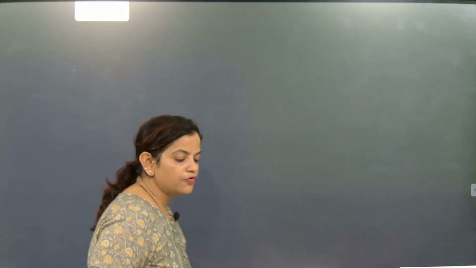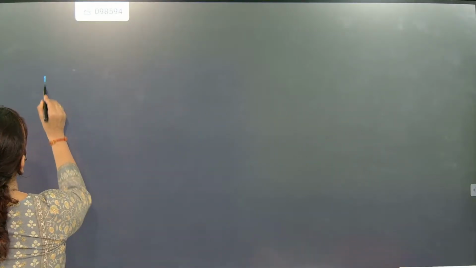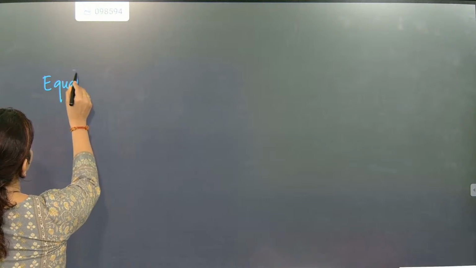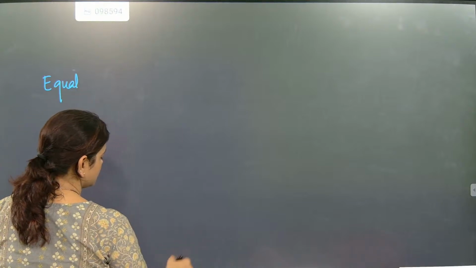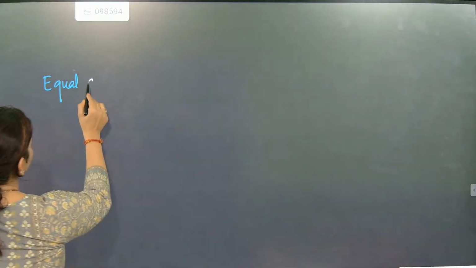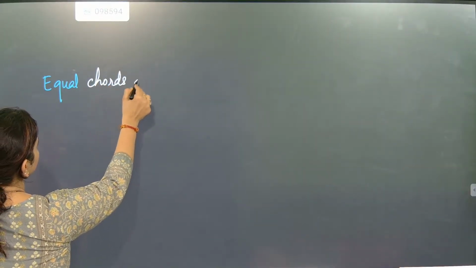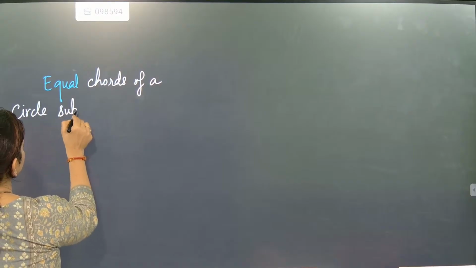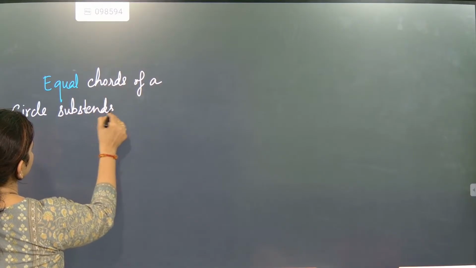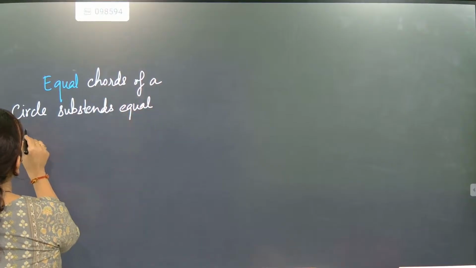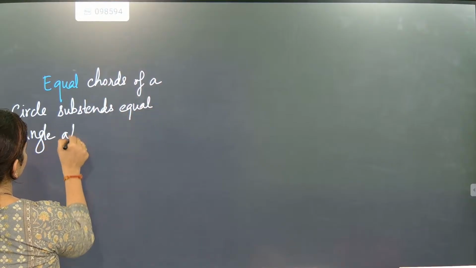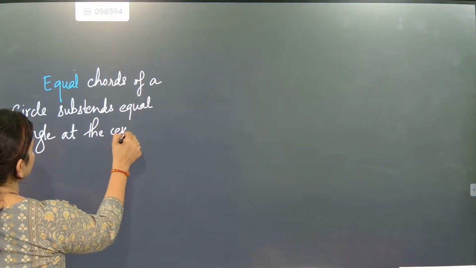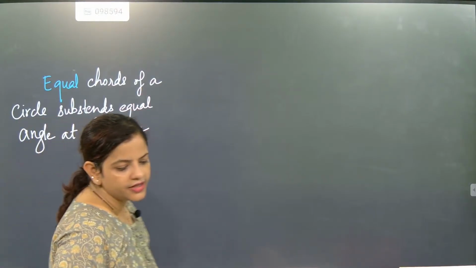So the first theorem today that I am going to teach for the circle chapter. Write down the first theorem. Theorem: equal chords of a circle subtend equal angle at the center.